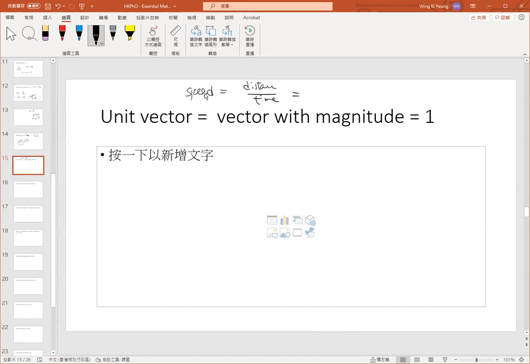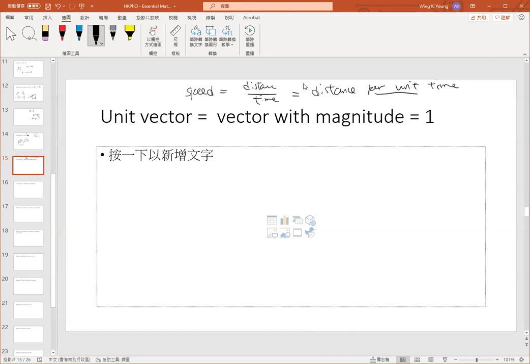So in wording, instead of using the formula, you can also define it as distance per unit time. You may see this word, per unit. You may also, let's say, for how to define the specific heat capacity, say this is heat transfer per unit mass per unit temperature. So the unit here, it means one.